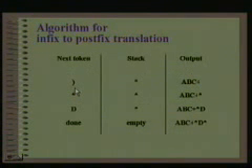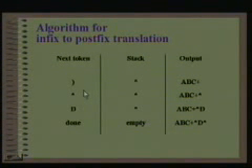So finally only one operator is left on the stack, and now the output will be A, B, C, plus, because only the plus operator was within that bracket. Now the next symbol is the multiplication.